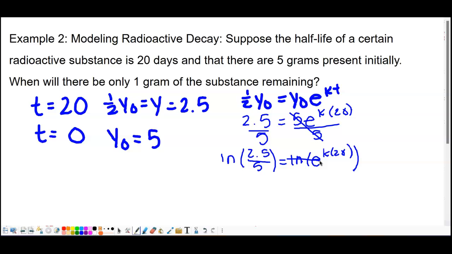What that does is cancel the ln and the e, and technically 2.5 divided by 5 could be reduced, and I'm going to have to use a calculator anyways to get my final value. So what you would do is say, okay, well now this is equal to k times 20. Solving for k means dividing both sides by 20. So k is approximately whatever the natural log of 2.5 divided by 5, divided by 20 is.